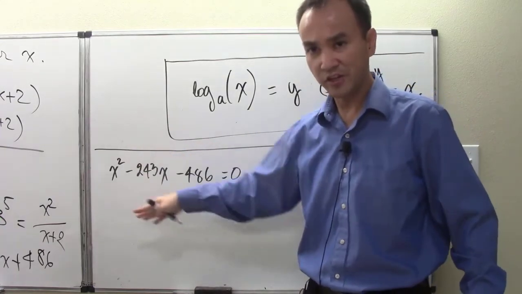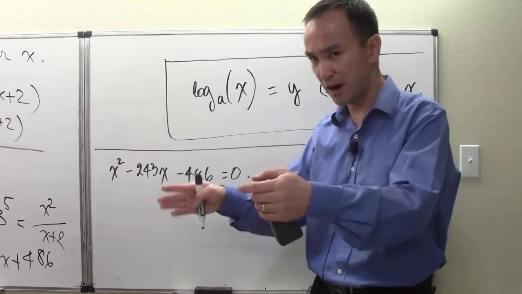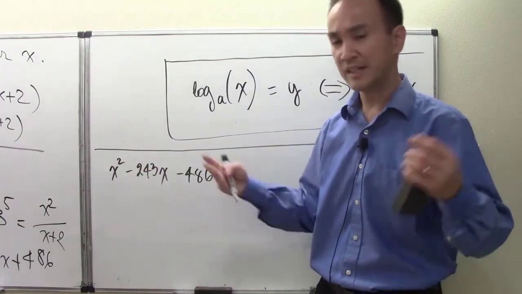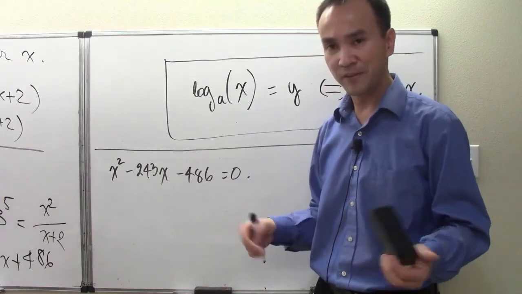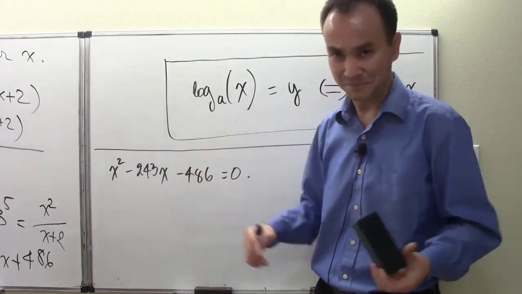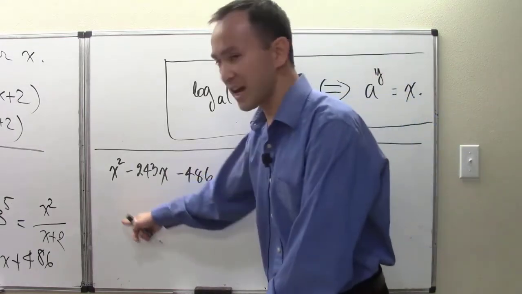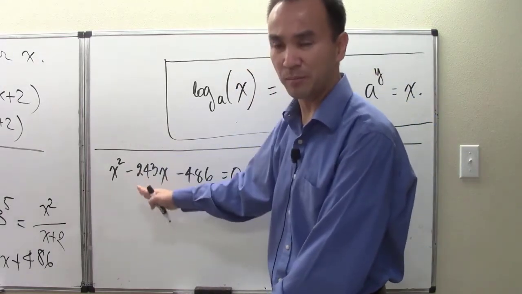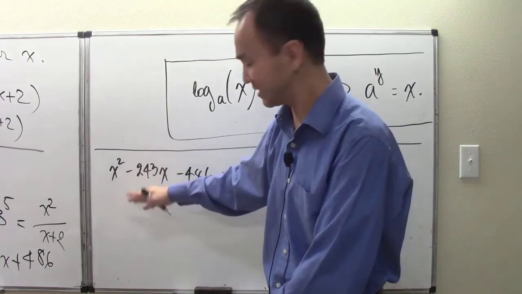Sometimes it's better to use the quadratic formula, in other problems factoring, and in others completing the square. Here it's not really faster, but it's more solid, so I'm going to stick with the quadratic formula.